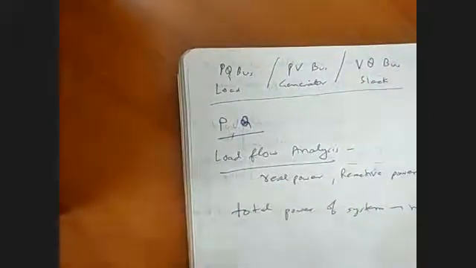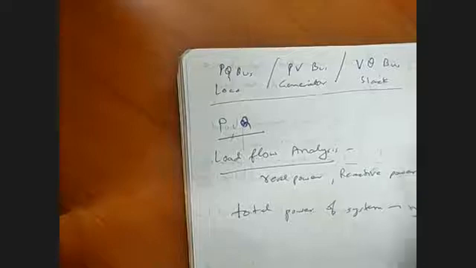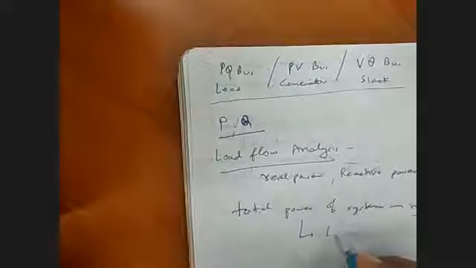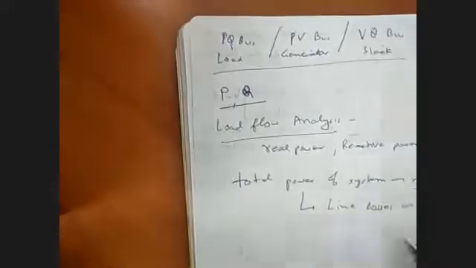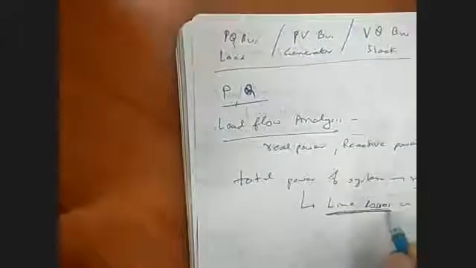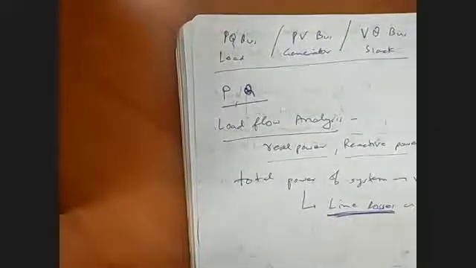Your aim is to find out the net power of the system, and system power loss is unknown till the load flow study is completed. These are not known because line losses are unknown, because till we calculate the line losses we will not be able to find out the actual real power and reactive power at each of the buses. The complex power allocated to this bus is determined by solving the equations.